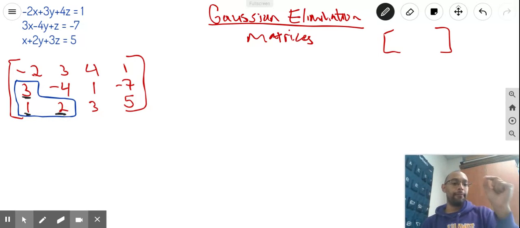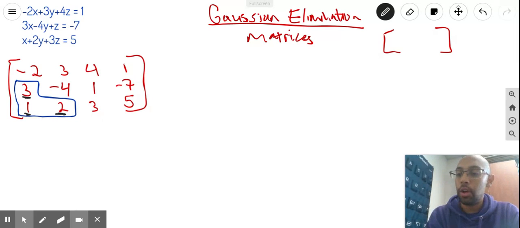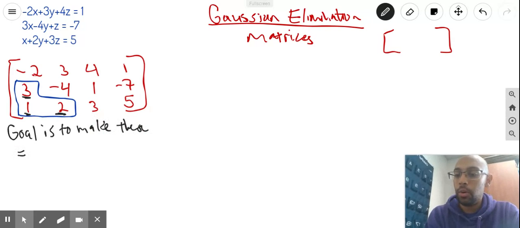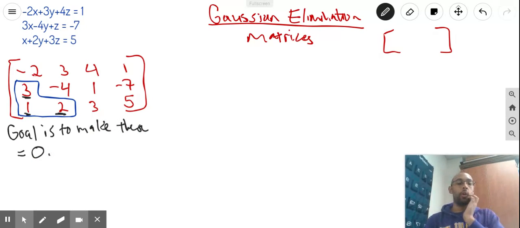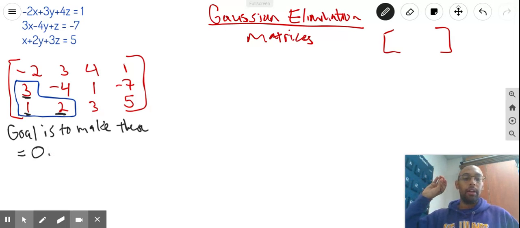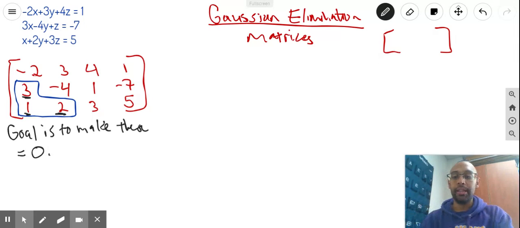Those 3 specific locations have to be 0. So the goal is to make these equal 0. The locations holding the 3, the 1, and the 2 need to be replaced with 0. How do we do it?